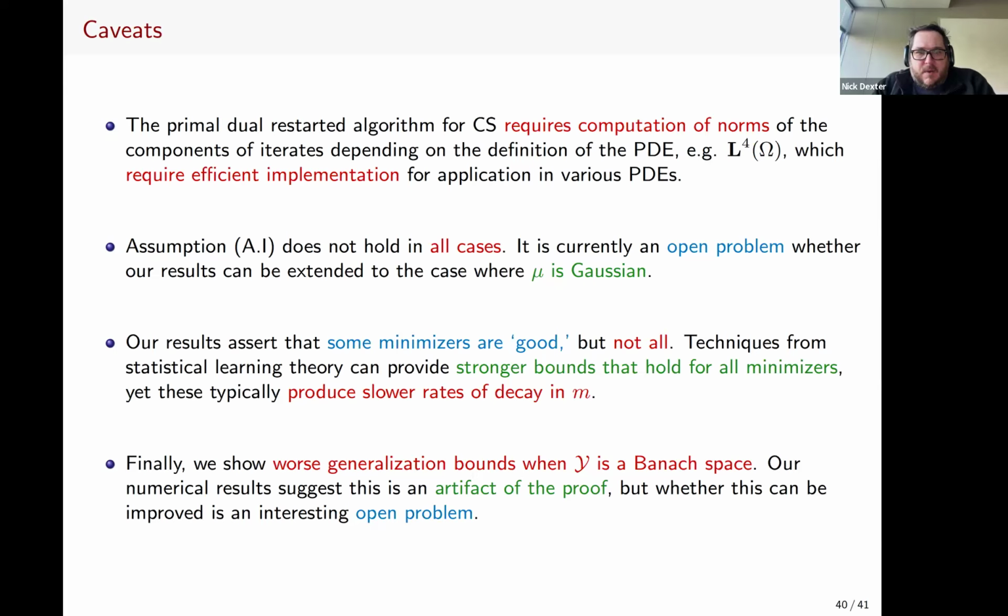In particular, what we end up with is a big matrix, and we treat each row as a different component of this discretized Hilbert valued vector. And we end up having to compute norms of each of these components. Some of our PDE examples you saw, for example, Navier-Stokes-Brinkman, involve computing norms in L4, for which we're falling back to Phoenix to implement these, and it's not exactly a fast computation there.